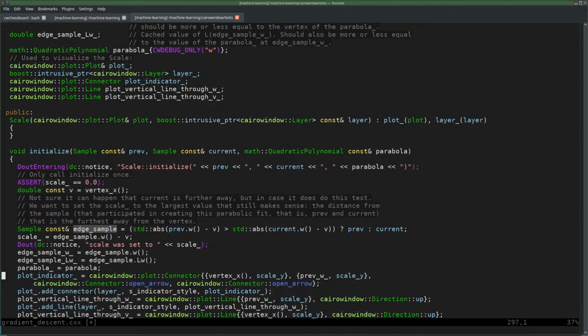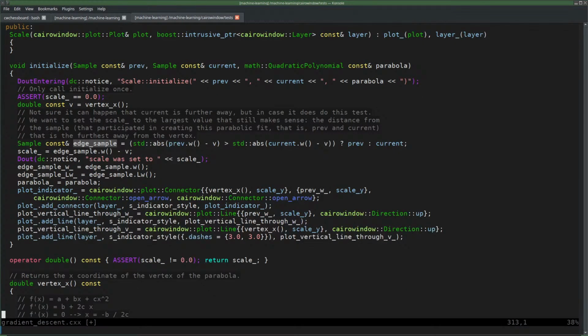Okay, and then to think that initialize is the easiest one. Plot indicator, yeah, then I want to draw what? I want to draw something, and well, I want to draw a line with arrows between these two lines.